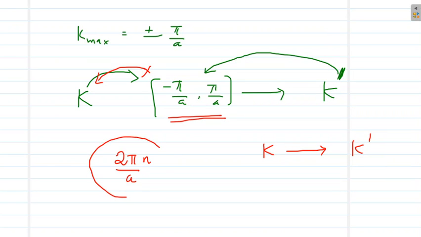We can effectively say that the first Brillouin zone is sufficient to explain the physical properties of wave propagation through a crystal, and any wave vector can be transformed into a wave vector lying within the first Brillouin zone.